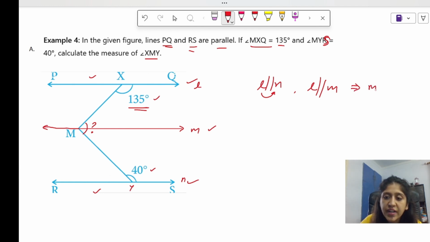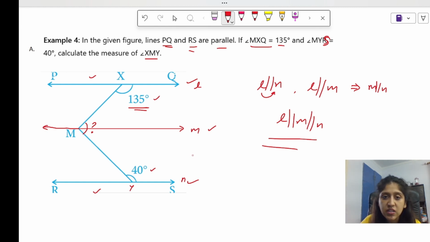What can I conclude? That M is parallel to N. Yes, M जो है वो parallel N के लिए. That means my L is parallel to M is parallel to N. That means all three lines are parallel. First of all, हमने ये conclusion निकाला that all the three lines are parallel to each other.